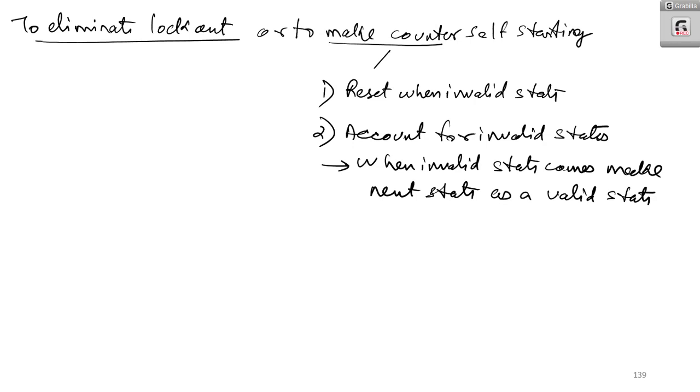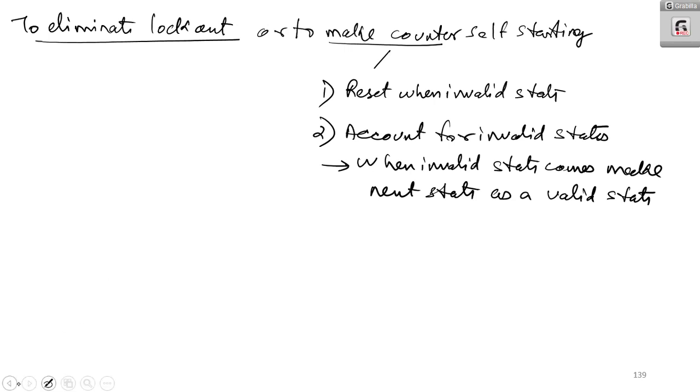There are two methods. Here I will explain both methods in this lecture, and from the next lecture I will do some other techniques. Some other technique means I will do either reset or account for invalid states.